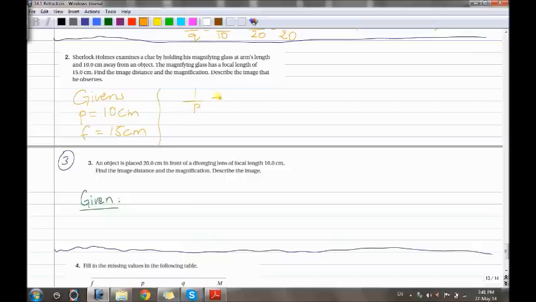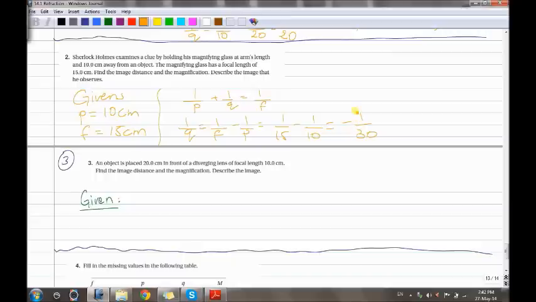So 1 over P plus 1 over Q equals 1 over F. So we need to find 1 over Q, which is 1 over F minus 1 over P. So 1 over 15 minus 1 over 10. So it will be negative 1 over 30.